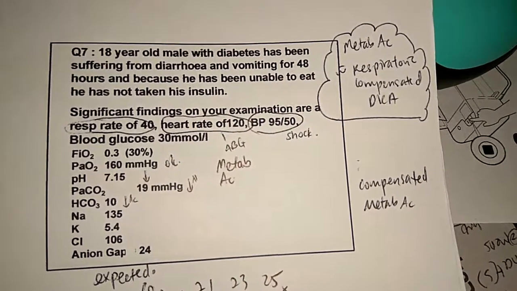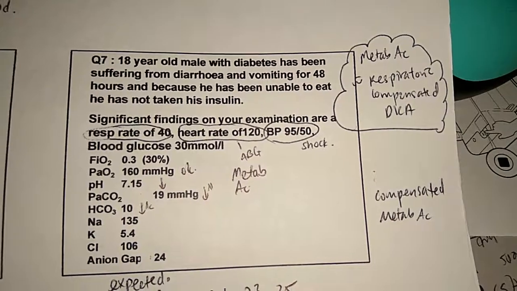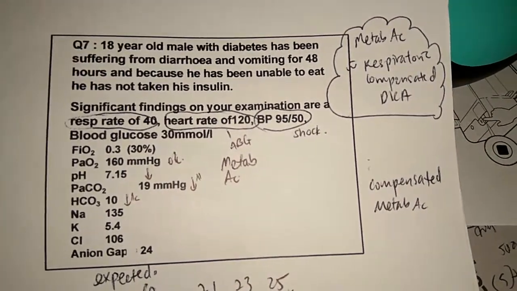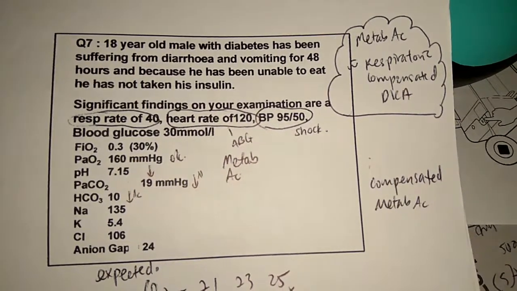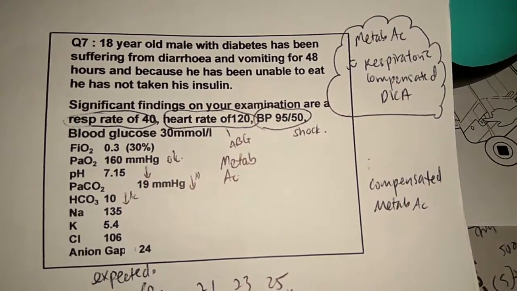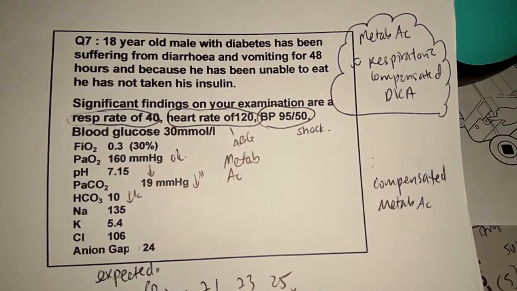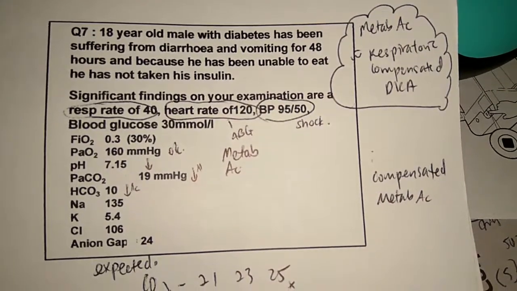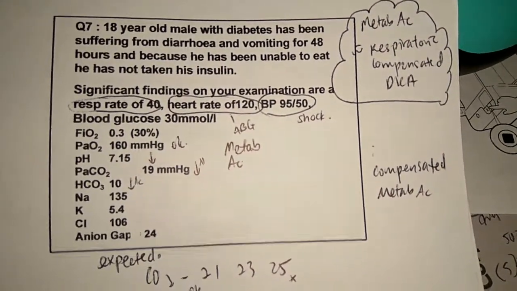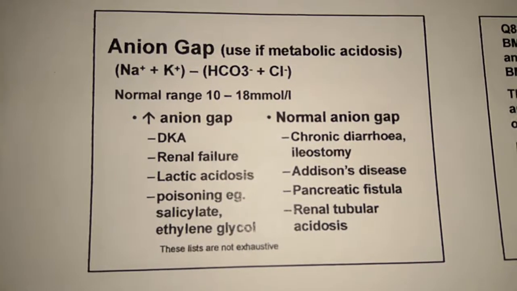From the history, you can see he's a diabetic patient suffering from diarrhea and vomiting for 48 hours. So we are expecting him to be in ketosis. And from ABG, we know that he has metabolic acidosis. So the anion gap is high. The probable cause of high anion gap is DKA.